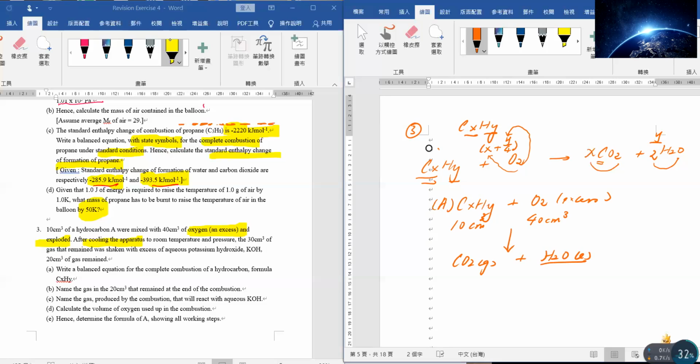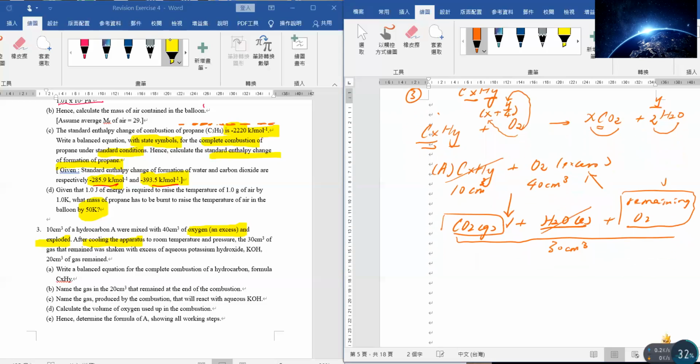And also the remaining oxygen, because the question is telling you that this is in excess. So everything is gone after the first step. You will have carbon dioxide and remaining oxygen. The water can be ignored because it's condensed back to liquid water already. And then here will be 30 cm cube, okay? This one and this one, 30 cm cube, okay?